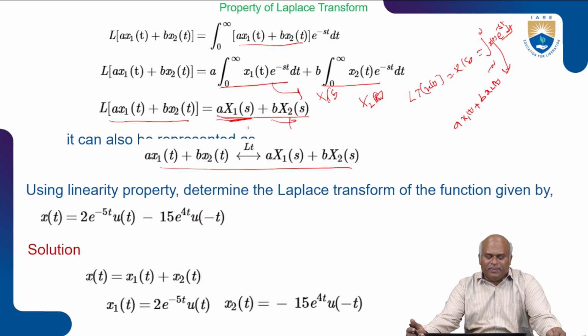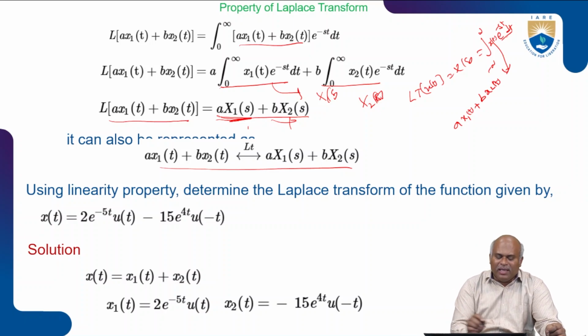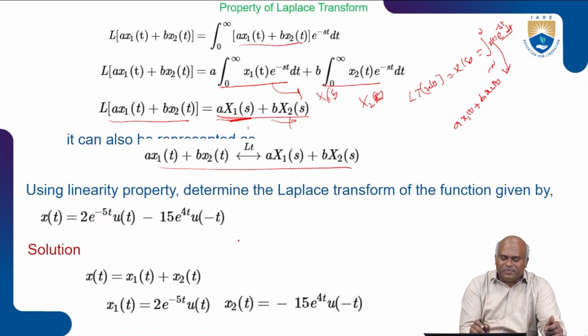For example, using the linear property, determine the Laplace transform of the function x of t equal to 2 e power minus 5t u of t minus 15 e power 4t u of minus t.